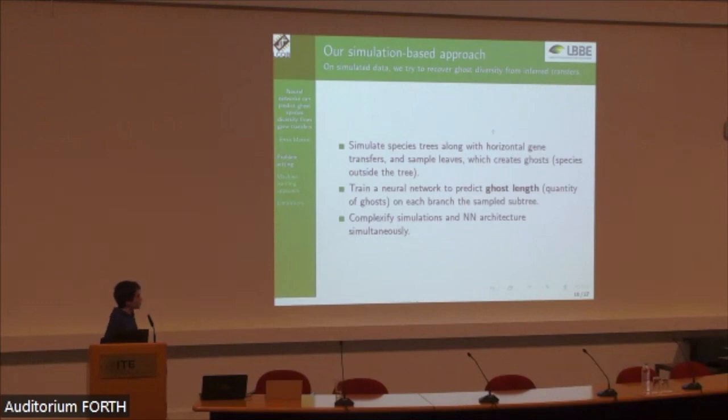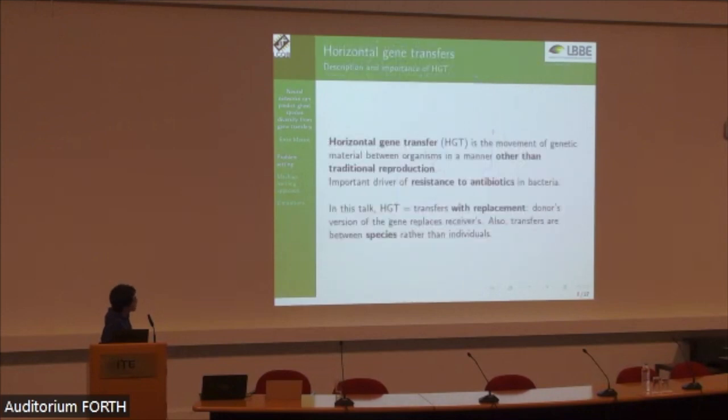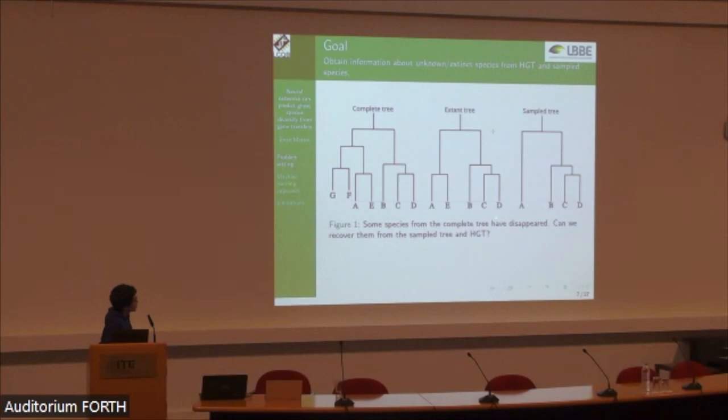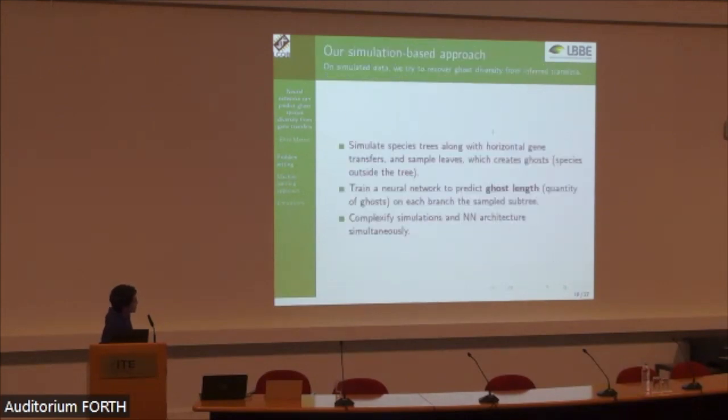So to approach this problem, we simulate species trees, horizontal gene transfers, and sample leaves. This creates ghosts. In this example, our sample tree will be this, and the ghosts will be basically G, F, and E. And we train a neural network to predict ghost length.